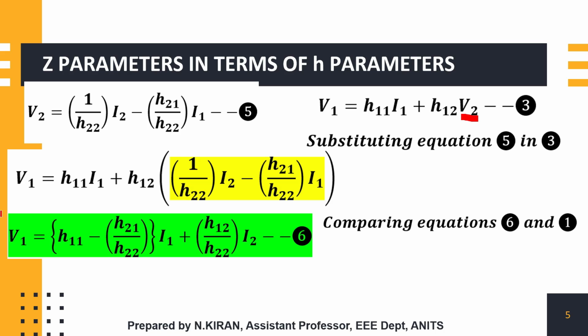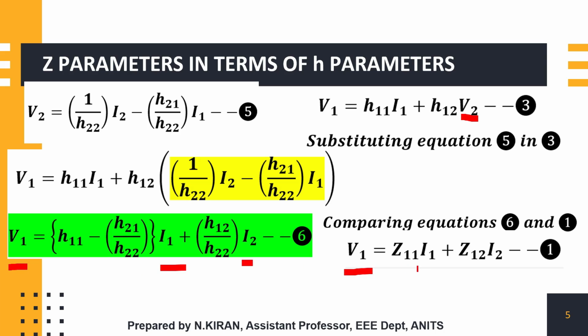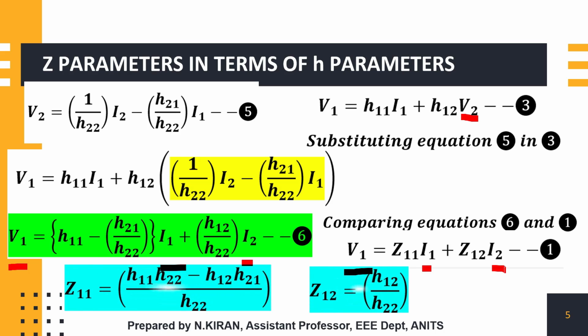Now comparing this with the first equation, as you can see the variables are the same: V1, I1 and I2. Since these two equations have the same variables, we can directly compare, which will give me Z11 to be delta H by H22 and Z12 to be H12 by H22.